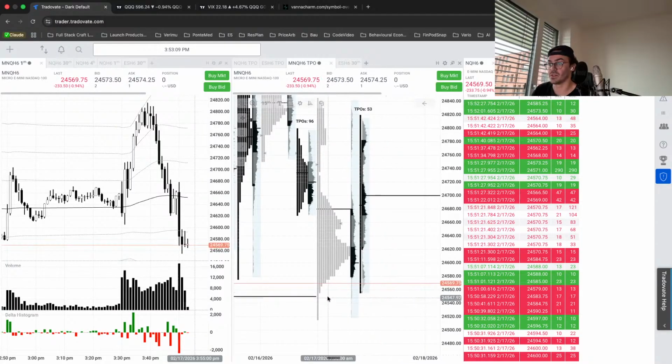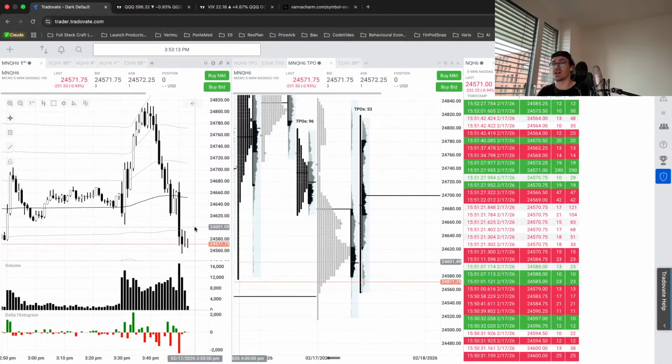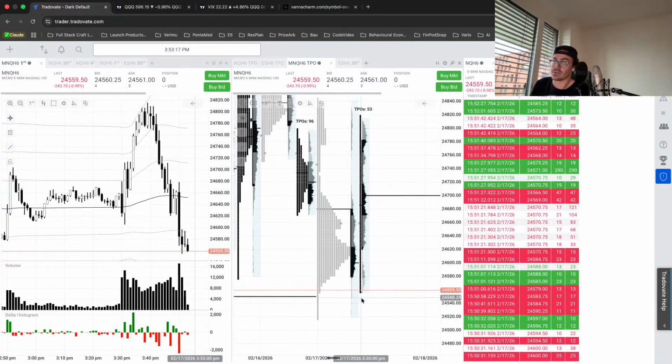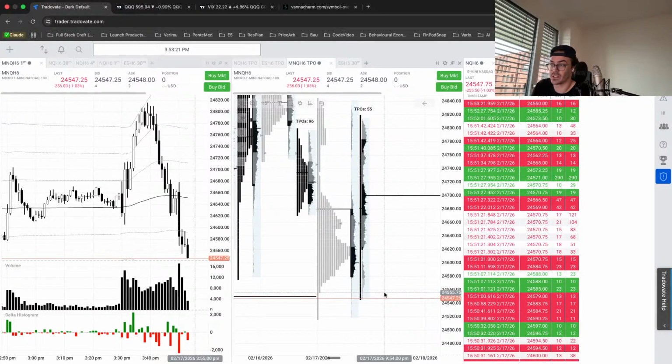They may bid off of the excess low from the overnight, but right now this price action is not looking like that's going to be held. That's what they call a mechanical low. It can work, but usually it's a weak sort of support.